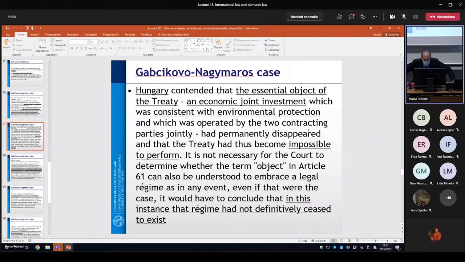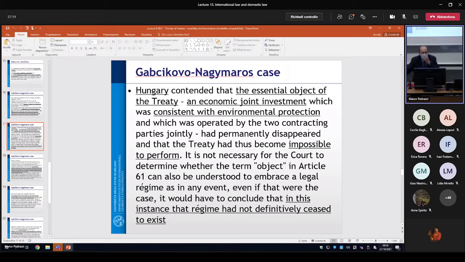Well, it is an interpretation attempted by Hungary. Hungary claims that as the application of the treaty had become incompatible with the protection of the environment, so this essential object of the treaty, an economic joint investment consistent with environmental protection, had ceased to exist.